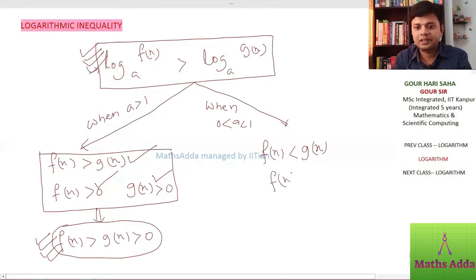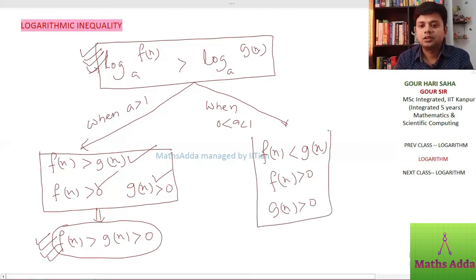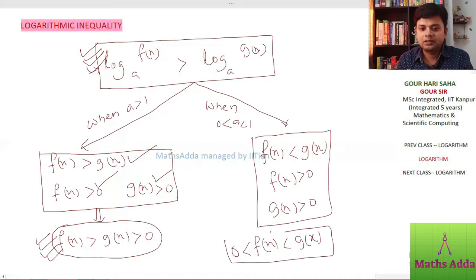So f(x) greater than 0, g(x) greater than 0. Together, it is f(x) less than g(x) and f(x) more than 0, which satisfies all three inequalities. So if I want to solve this, better I solve this, which can be done using the sign scheme.